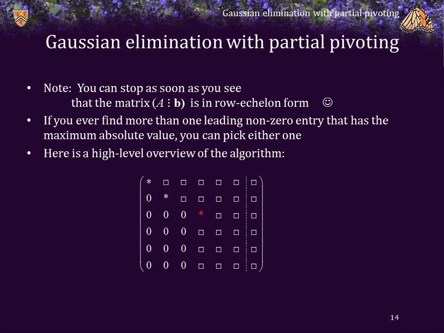We then add appropriate multiples of row 3 onto all subsequent non-zero leading entries within that column so as to zero them out. And we will continue this process on until this matrix ends up being in row echelon form.